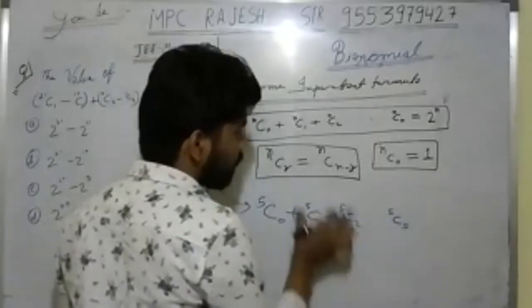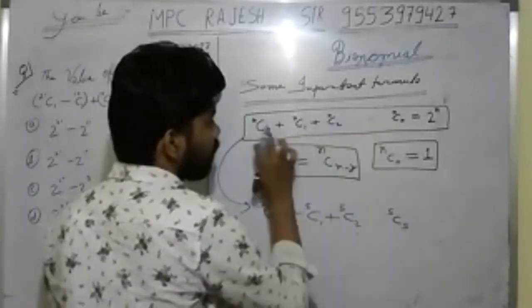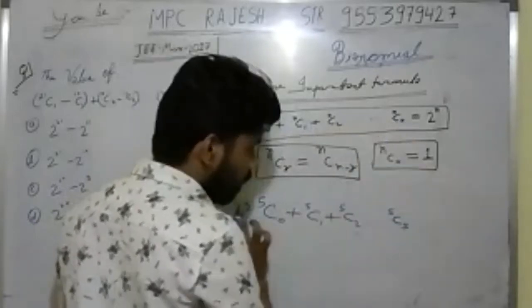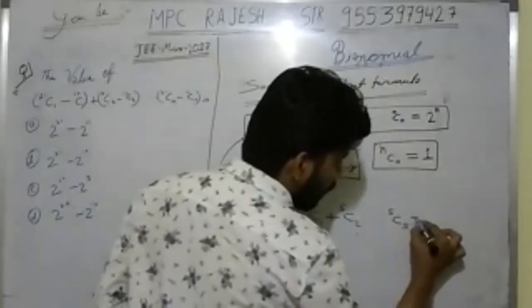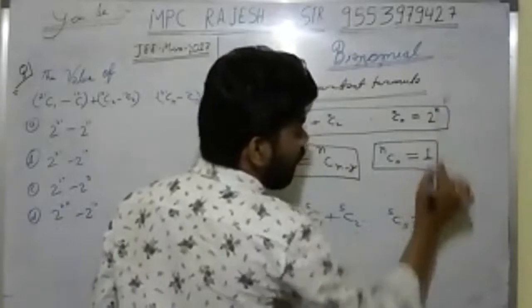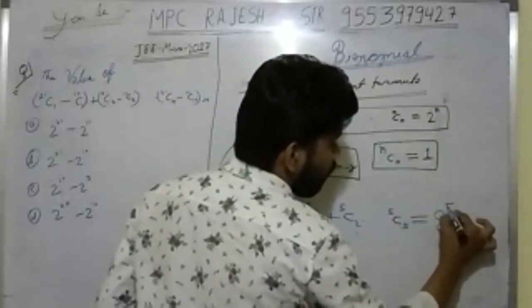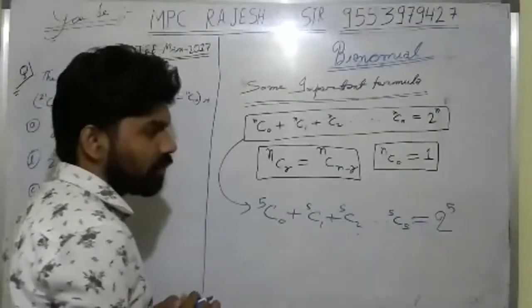If it is written in the addition form, it is equal to 2 to the power 5.